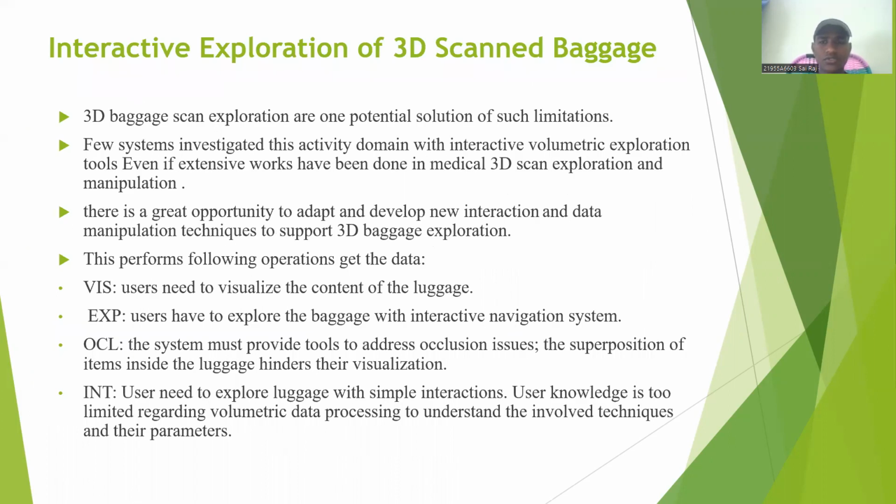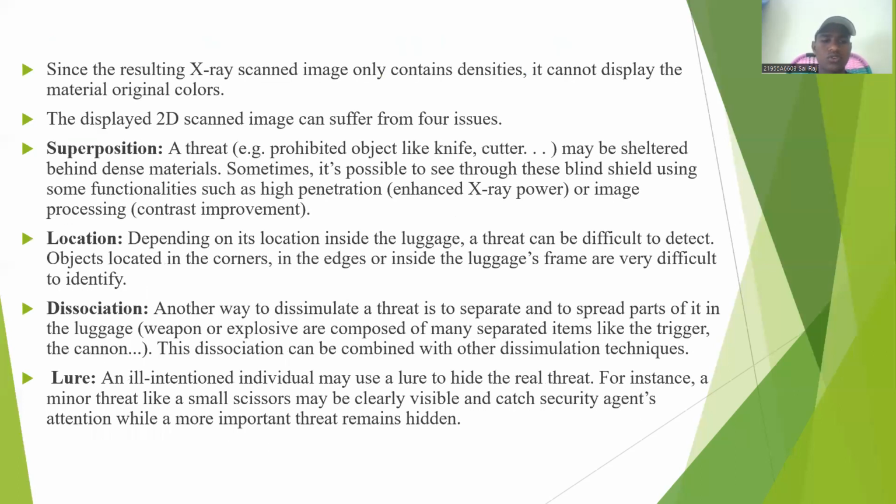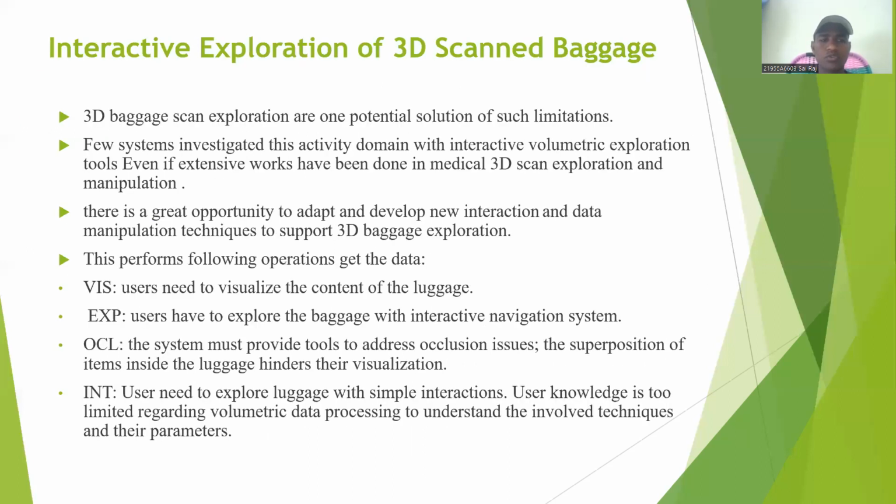So we have discussed the existing system, that is X-ray 2D scan images. Now the interactive exploration of 3D scan baggage. 3D baggage scan exploration is one potential solution to such limitations. Till now we have discussed the limitations of the 2D scan: dissociation, lure, location, and superposition.